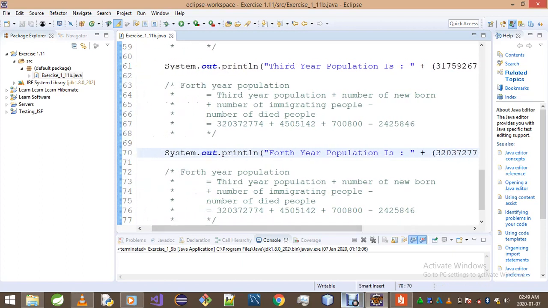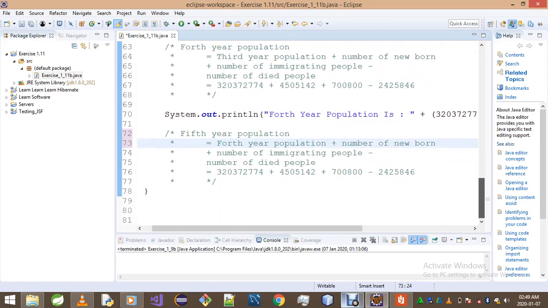Okay, this is for the fifth year. This is equal to fourth year population, plus that minus that. Okay, this is our final answer.